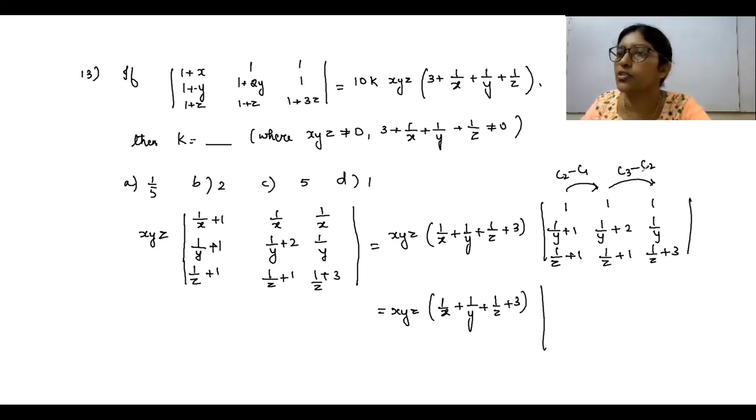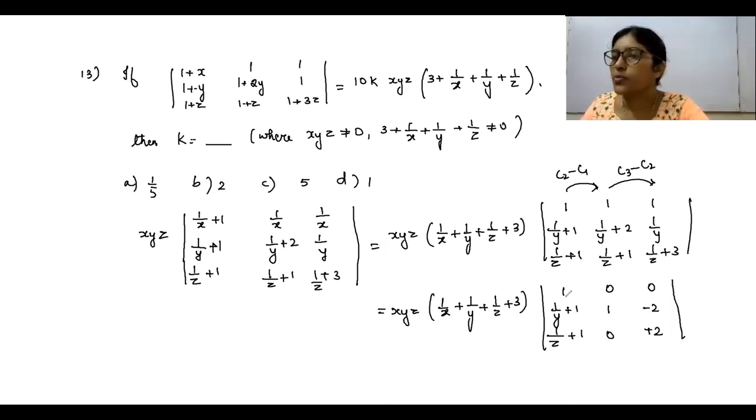Or we could take C3 minus C1 also. So first we are taking C3 minus C2, 0, minus 2 and minus 2. Plus 2, plus 2. And C2 minus C1 now, 0, 1 and 0.